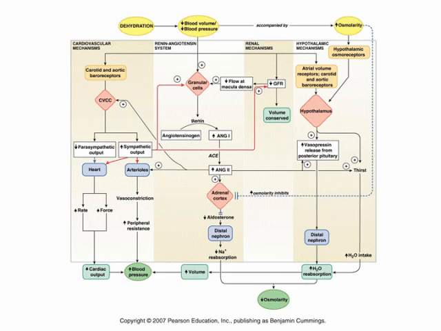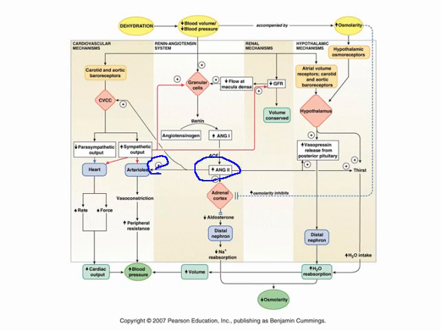Let's take a look at changing the blood volume. This is going to work on the granular cells, which is going to cause the release of renin, converting angiotensinogen into angiotensin 1. Angiotensin 1 is going to get converted by angiotensin converting enzyme into angiotensin 2.